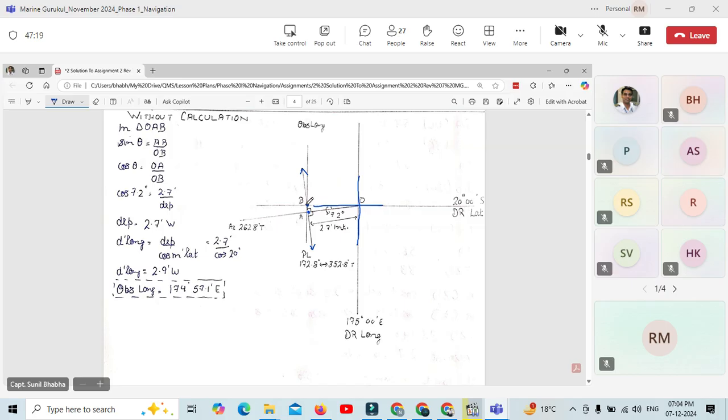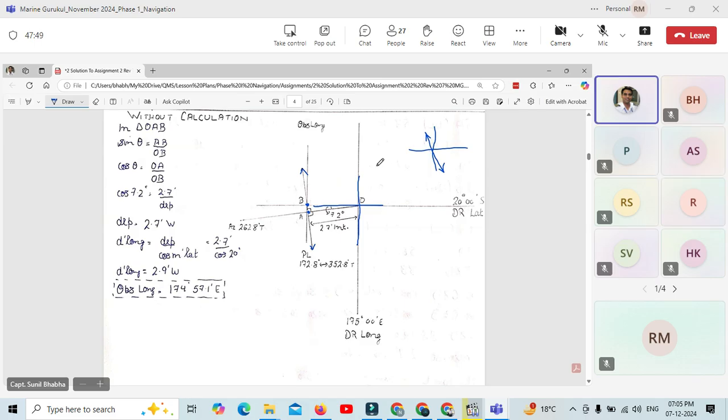Yes, correct, sir. Okay. And if you now remember the long by chron method, in long by chron method, basically we find out the longitude where the PL is cutting the DR lat. You see, reference point is the DR latitude, observed longitude, and the PL passes from there. So basically, long by chron gives us the longitude of that point where the PL crosses the DR latitude, right, beta?